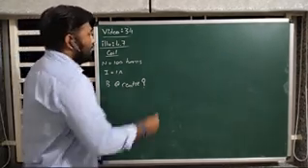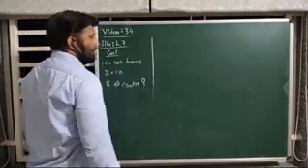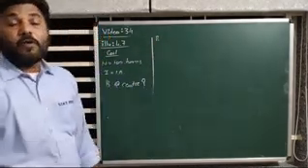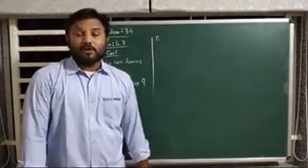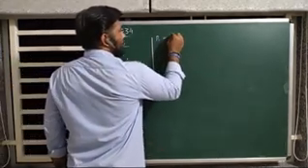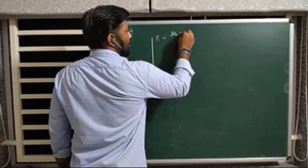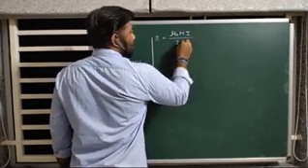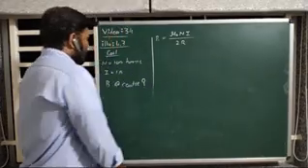For that, we have to use the equation of magnetic field which we obtained using the Biot-Savart law. What was that equation? B is equal to mu 0 N I upon 2r. What is r?